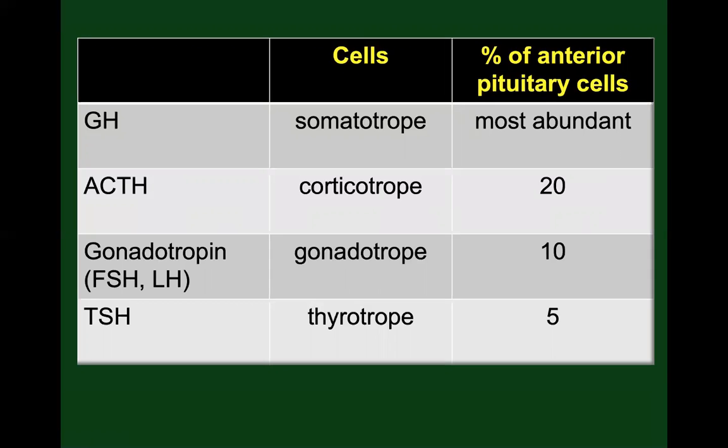And your ACTH comes from your corticotrope, composes about 20% of the pituitary cells. And gonadotrope only about 10%, and the thyrotrope, which produces TSH, only about 5%. So you would know that mainly this, especially the ACTH, when a tumor grows, usually is very, very small.